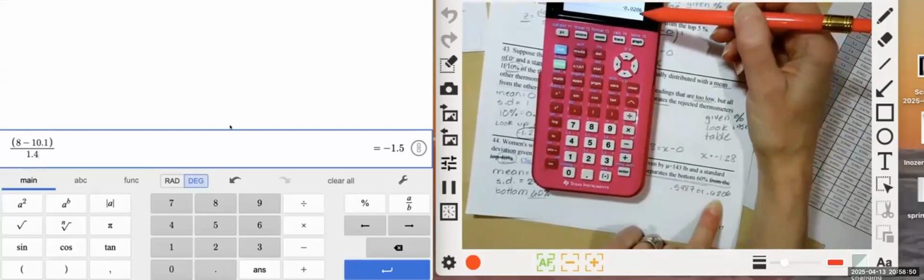We have to find the one that's closer to 60%. If you're not sure, do 0.6 minus 0.5987 and do 0.6 minus 0.6206. And we get 0.206.